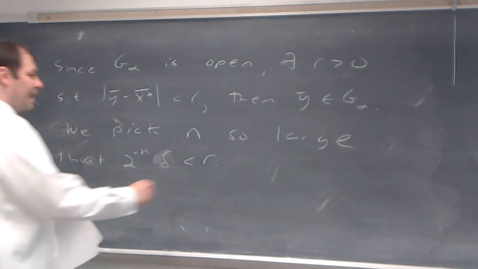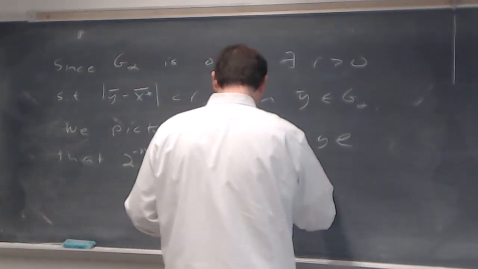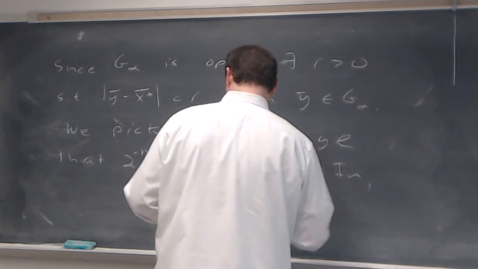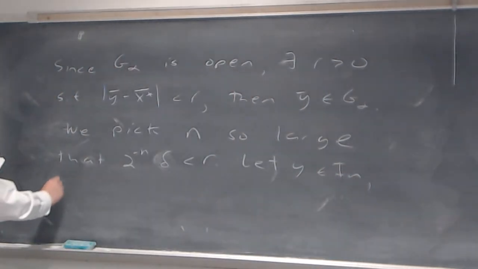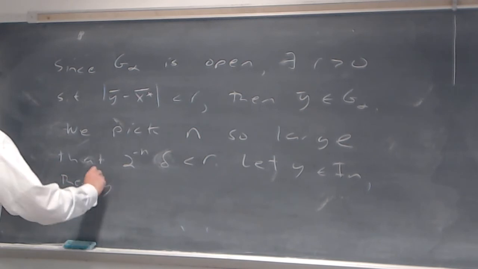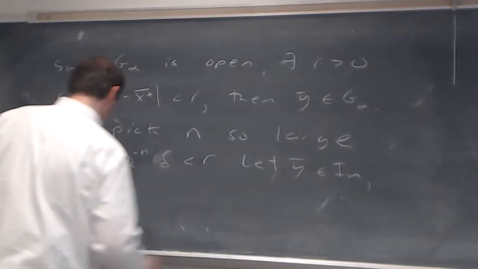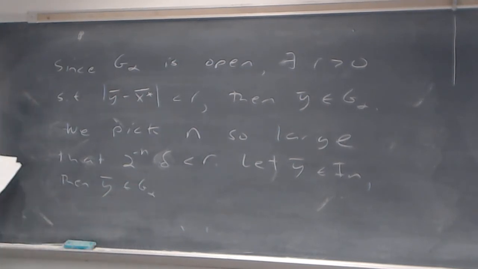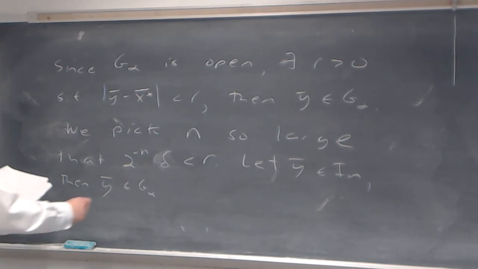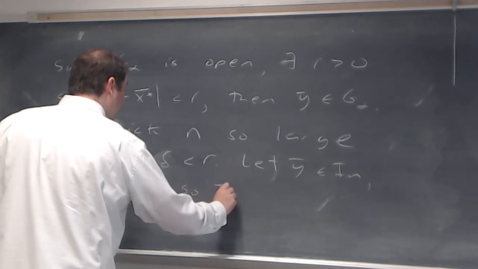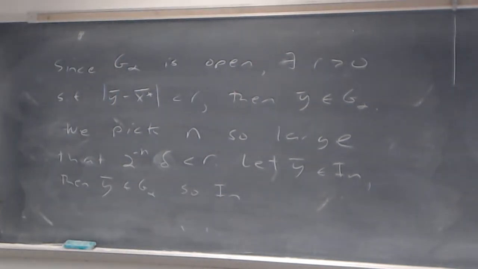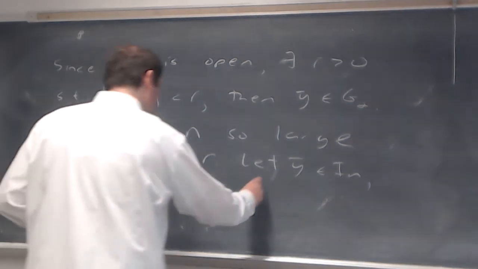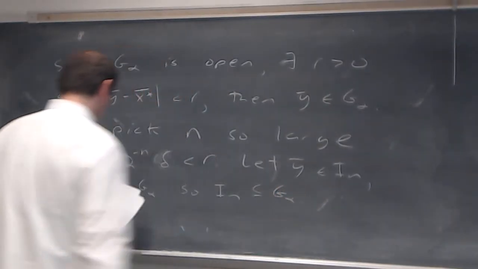Now, we let y be an element of I sub n. Then y is an element of G sub alpha. And so what that gives us is I sub n is going to be contained in G sub alpha.